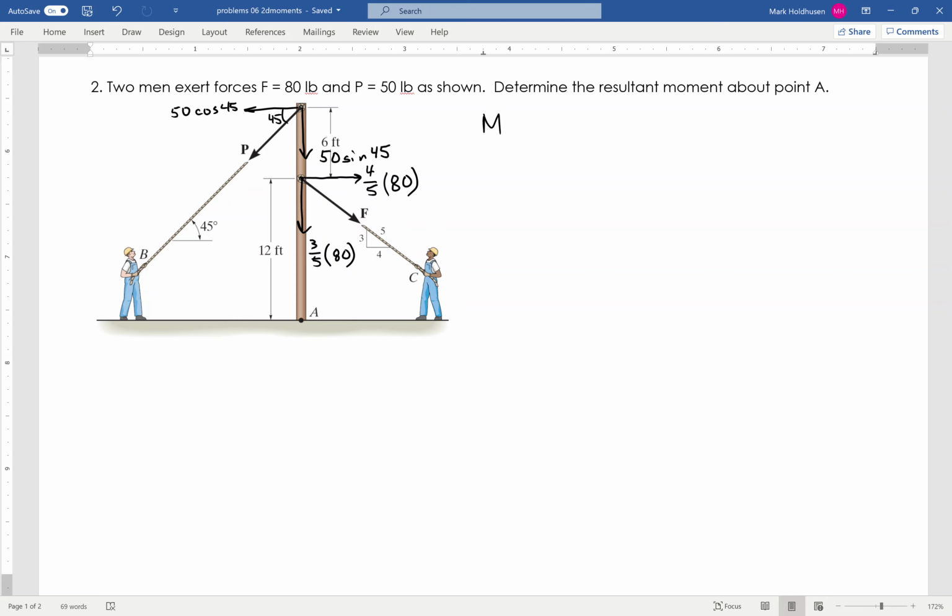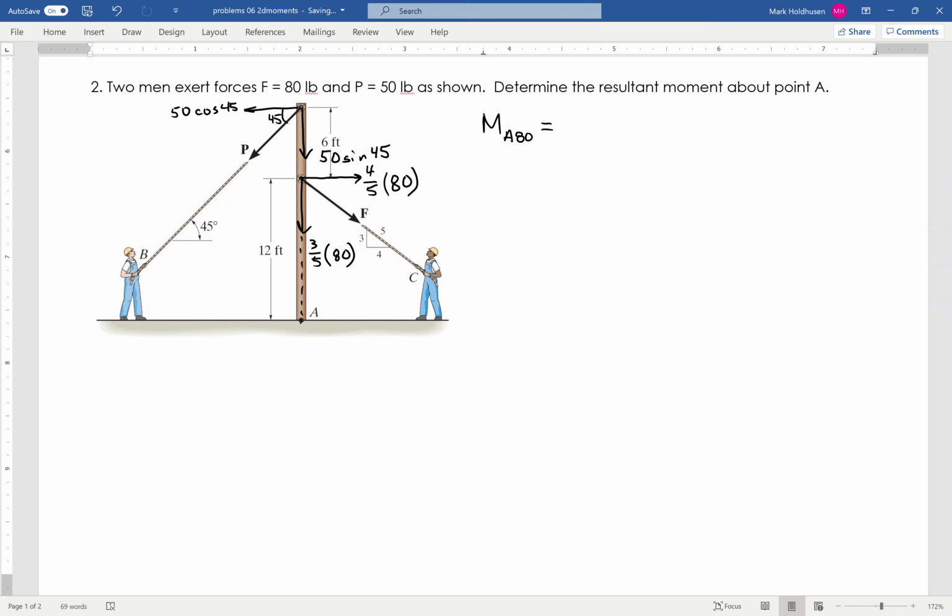So I'll say the moment about A of 80. Now, I've got a horizontal and vertical component. Notice that the vertical component goes right through point A. Therefore, the moment arm of that vertical component is 0, so it creates no moment. The only thing that creates a moment is that horizontal component of the force.